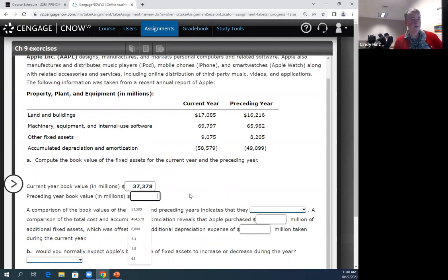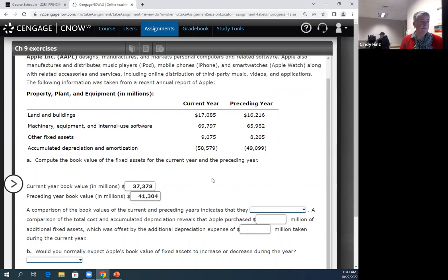If you got that one, go ahead and do the same calculation for the preceding year. Everyone okay with that? Preceding year book value, $41 billion roughly.